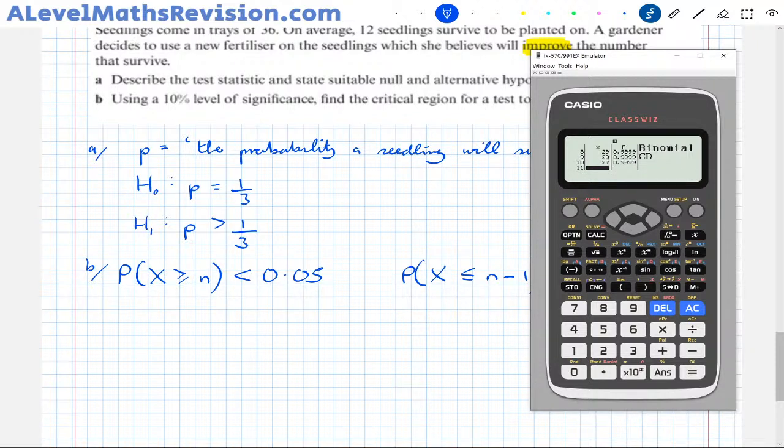So it looks like I haven't done enough. So let's continue. 27, 26, 25, 24, 23, 22, 21, 20. Still nowhere near. So 19, 18, 17, 16, 15, 14, 13, 12, 11, 10.